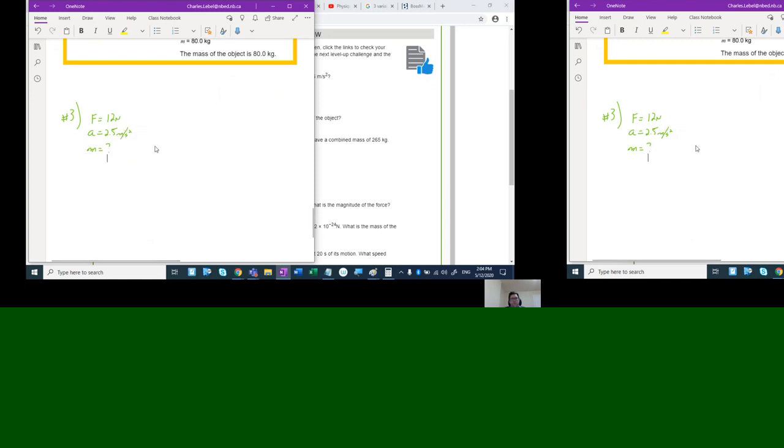If it's a homework, you shouldn't be skipping any steps. This is the formula. This is what we're going to use with the focus, which is m. And then you replace it.